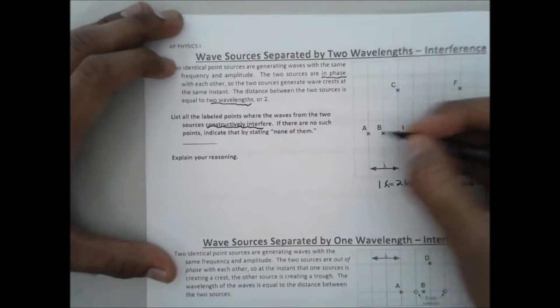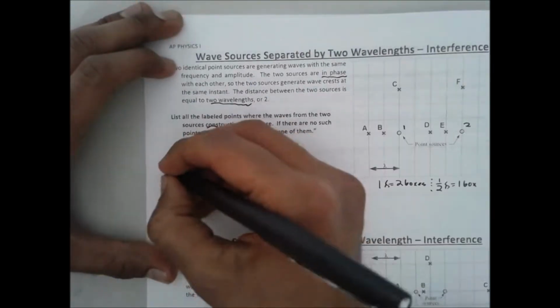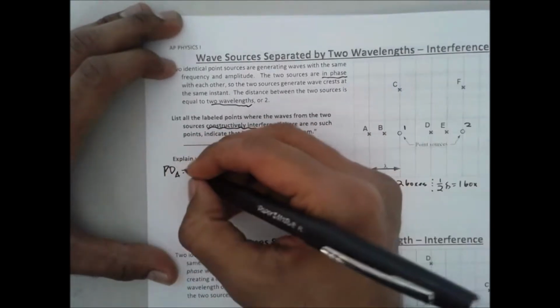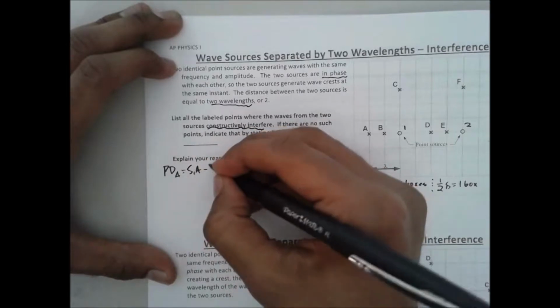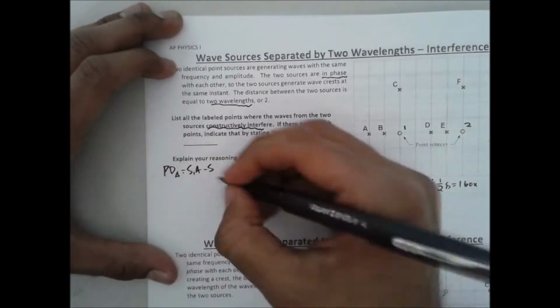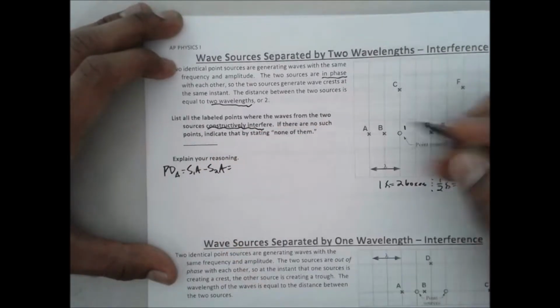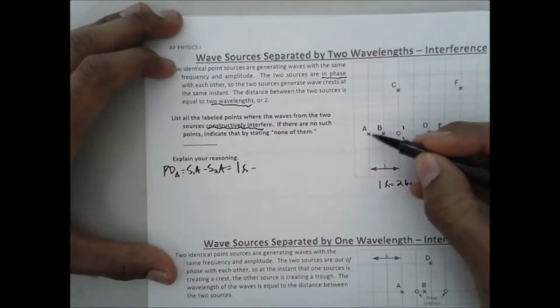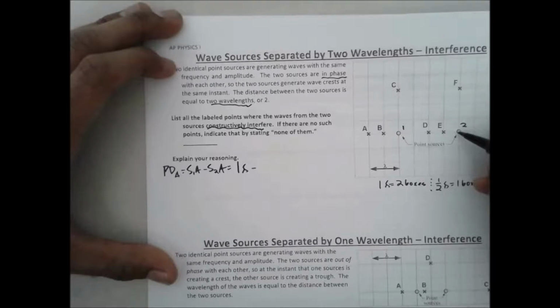Let's call this point source 1 and call this point source 2. Let's start with A. Source 1A minus source 2A is equal to 1 wavelength minus 3 wavelengths.